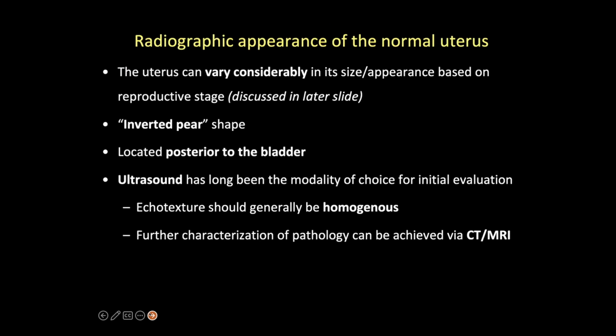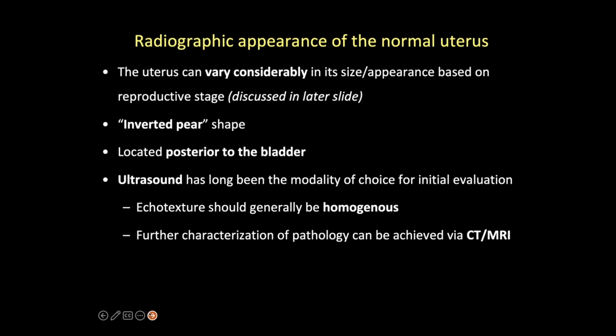Just a little bit about what these structures normally look like on imaging. It's important to note that the uterus can vary considerably in its size and appearance based on whether the patient is premenopausal or postmenopausal, whether the patient is pregnant, whether they were recently pregnant, lots of different factors. But more or less, the uterus generally has an inverted pear shape. It's located behind the bladder and anterior to the rectum.